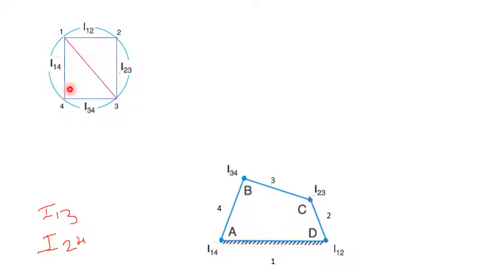This line represents I13. Therefore I13 is a combination of I12 and I23 in the upper triangle, and I14 and I34 in the lower triangle.